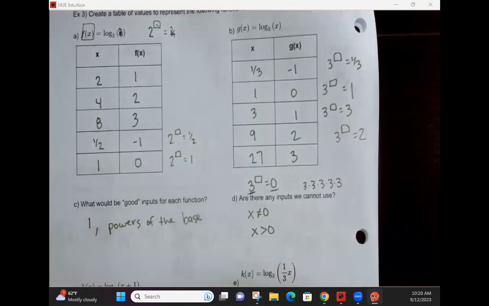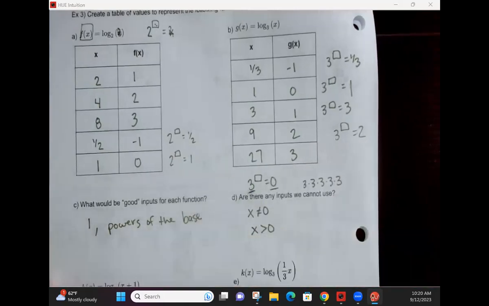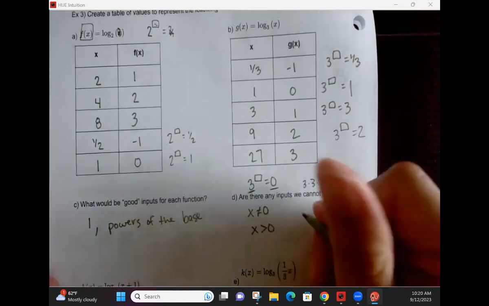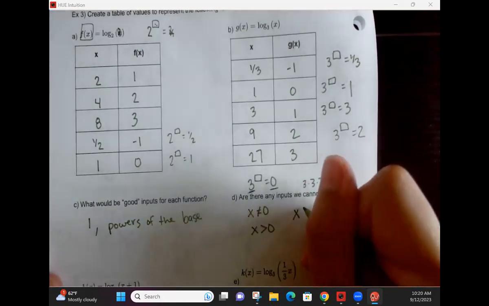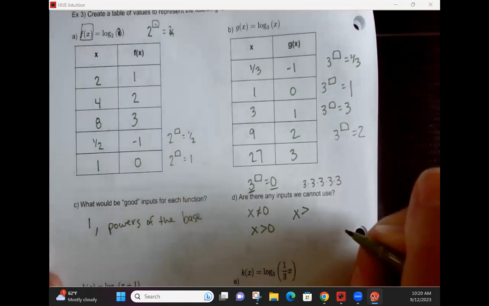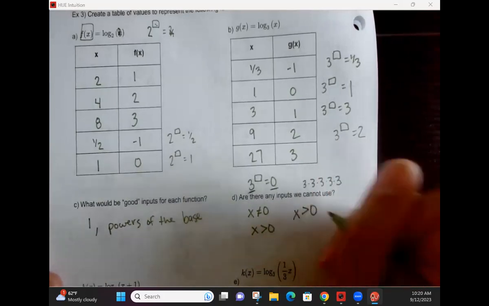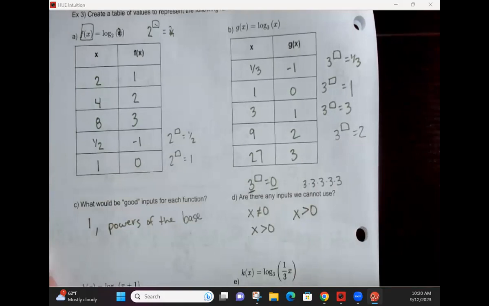So I cannot put in something for my argument that is negative, because it's not possible to take a power of a positive number and get something negative. So all of our inputs here are going to need to be greater than 0. X has to be greater than 0.